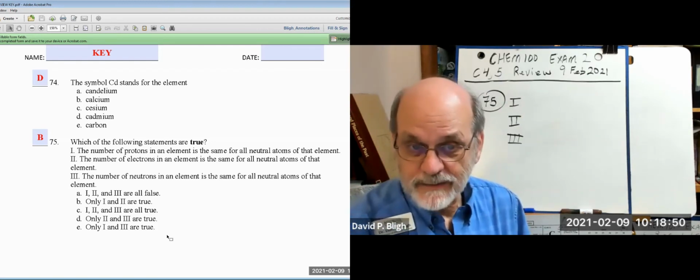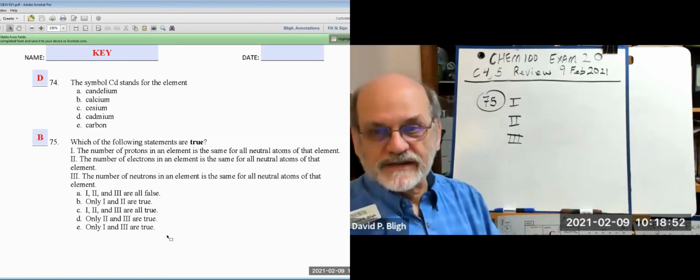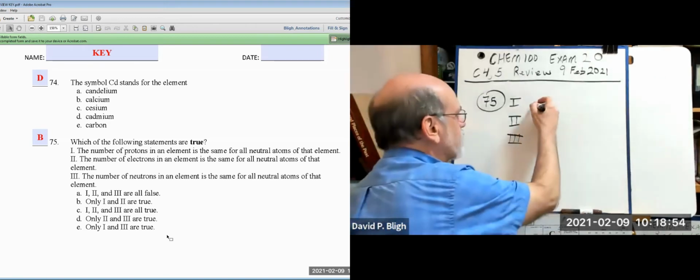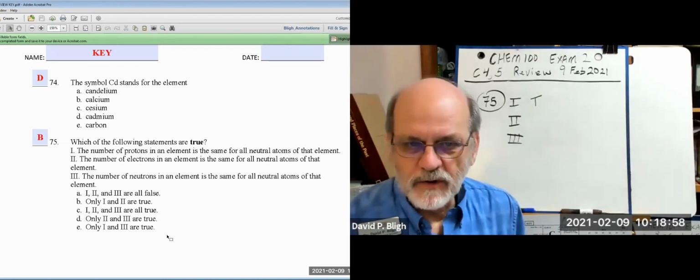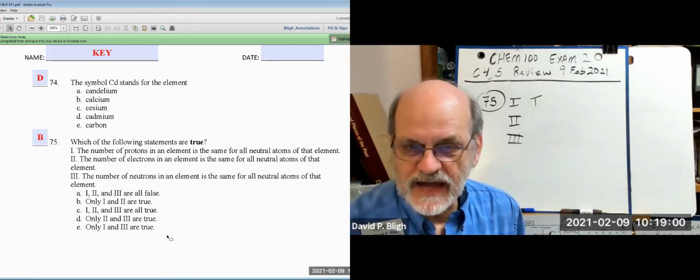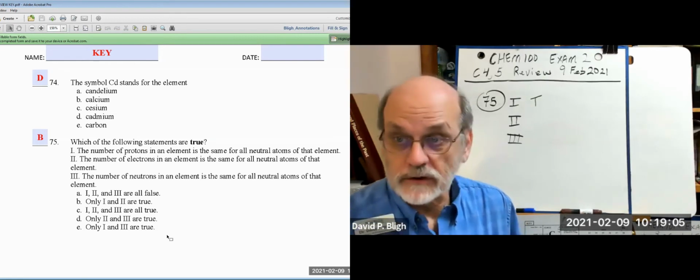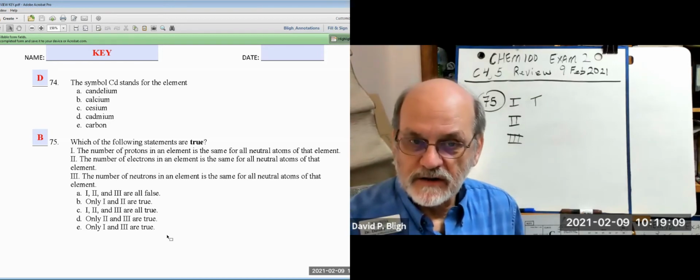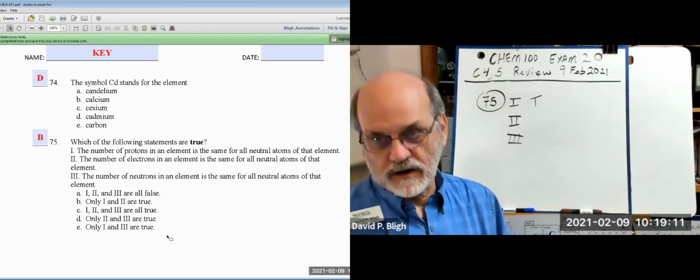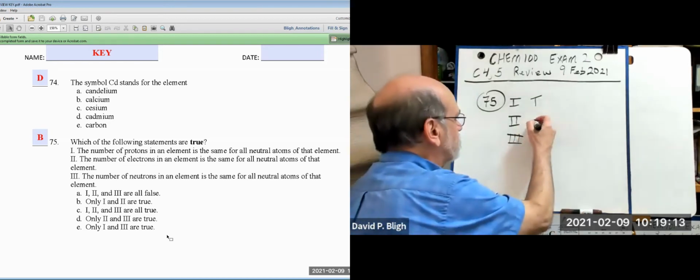As long as it's the same element, the number of protons is the same. So this one is true. How about 2? The number of electrons in an element is the same for all neutral atoms of that element. That's true, because if it's neutral, the number of protons balances the number of electrons. So that one's true.